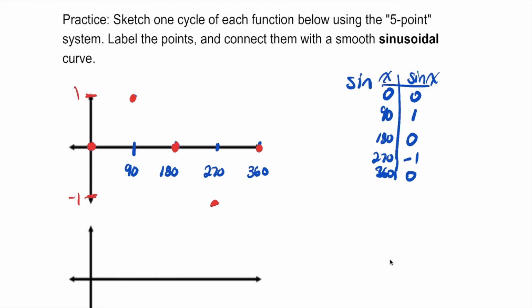Okay, so there's a distinct pattern when we're graphing for sine. Starts at the equation of axes, goes up to the peak, back down to the equation of axes, hits the trough, and back up to the equation of axes. So that's what we call the 5-point system in graphing a sinusoidal curve. So this is sine. We'll do the exact same thing with cos.